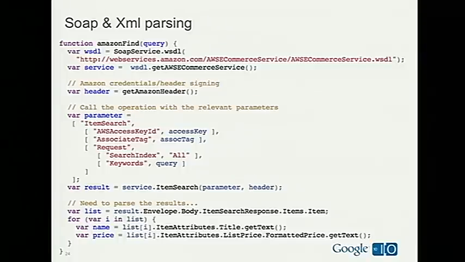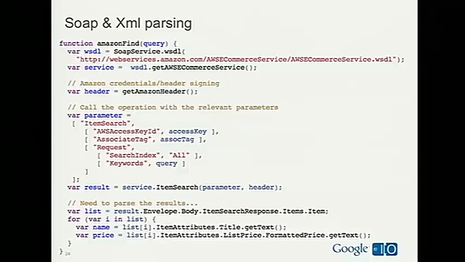The first few lines connect to Amazon. Then we get a little security header that has a special key that Amazon will give out to anybody free of charge. And then the big block in the middle really just says that we're going to request a keyword search across all of Amazon. Then we grab the results, and at the very end, you'll see that we pull out the name and price and maybe some other details.